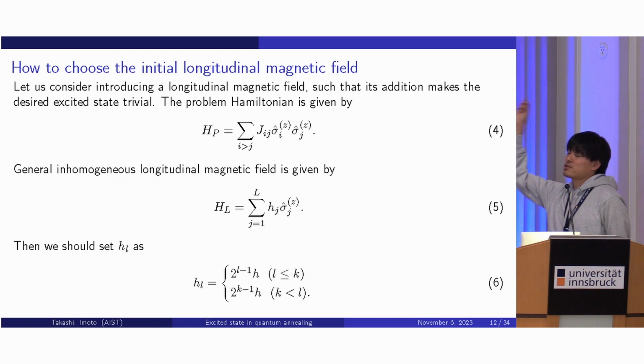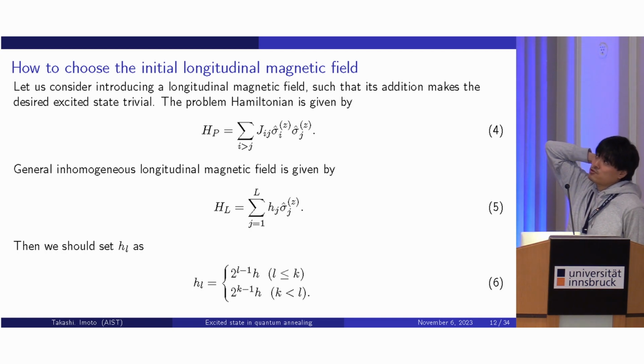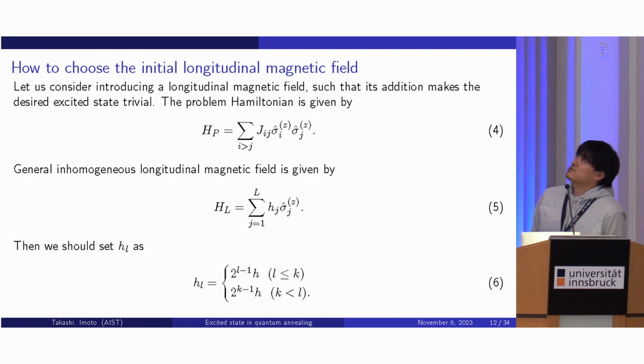Okay, so we should discuss how to choose the initial longitudinal magnetic field. Let's consider introducing a longitudinal magnetic field such that it makes the desired excited state trivial. The problem Hamiltonian is given by this one, a general two-body Ising model for the fully connected case.